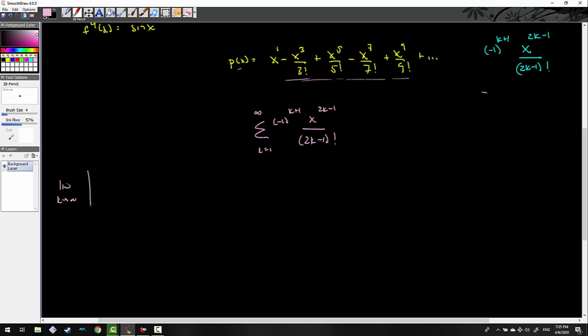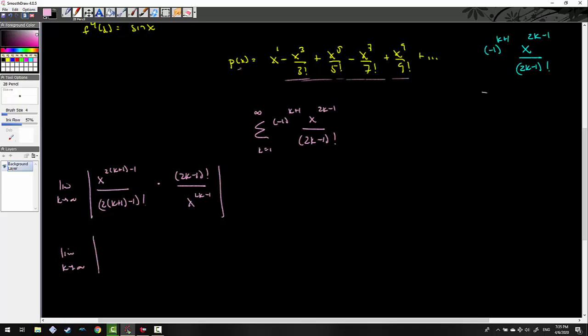So let's get rid of this alternator by saying x to the 2k plus 1 minus 1 over 2k plus 1 minus 1 factorial times 2k minus 1 factorial over x to the 2k minus 1. A lot of algebraic mumbo-jumbo happening here, but we can handle it.